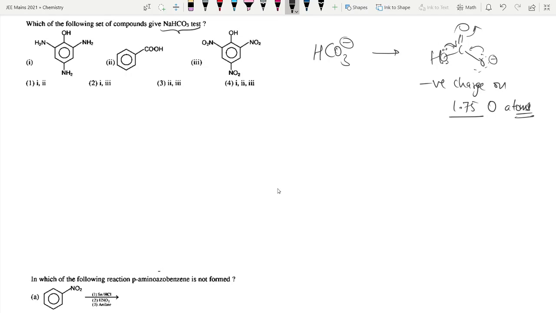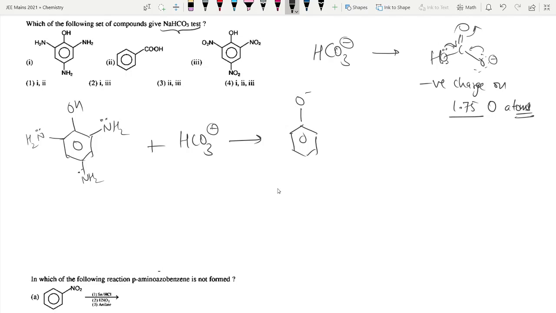Let's take a look at this carboxylic acid molecule, the first molecule. This is phenol with NH2 groups attached on all these positions, and then you have HCO3 minus, and suppose it passes the test, then what you get is a minus at this O. Now this time the minus is at only one oxygen, and there is a destabilizing resonance also.